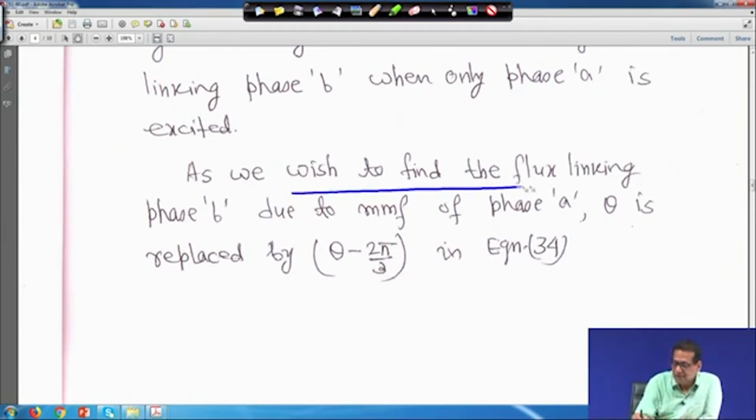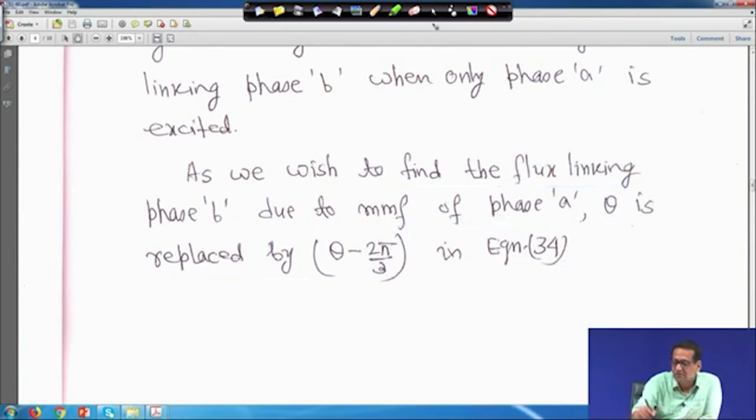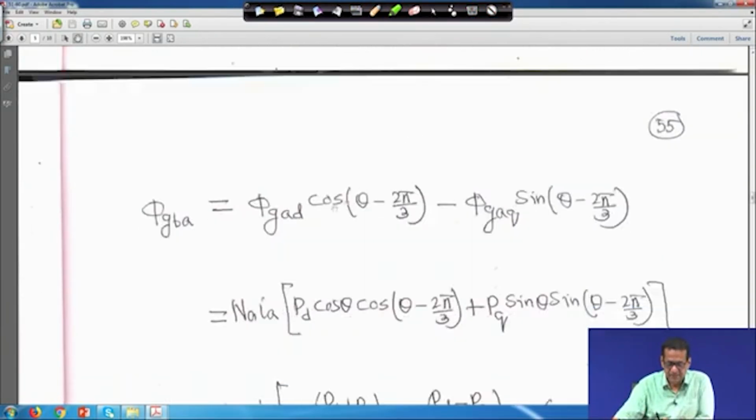From our intuition we can write that phi GBA is equal to phi GAD, the same thing, replacing theta by theta minus 2 pi by 3: cos of theta minus 2 pi by 3, minus phi GAQ sin of theta minus 2 pi by 3.